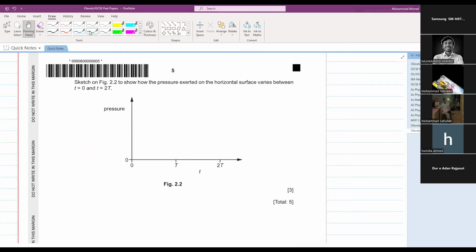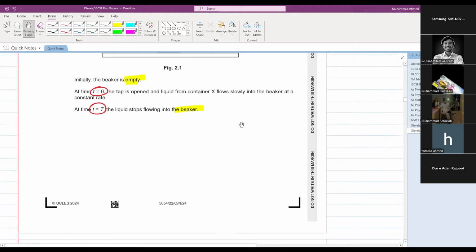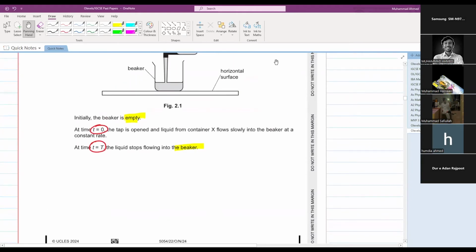Sketch on figure 2.2 to show how the pressure exerted on the horizontal surface varies between time t equals 0 and time t equals capital T. How does your pressure vary between these times? Let's see what is happening here.